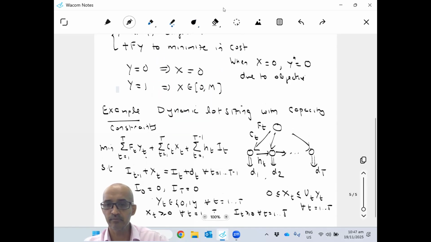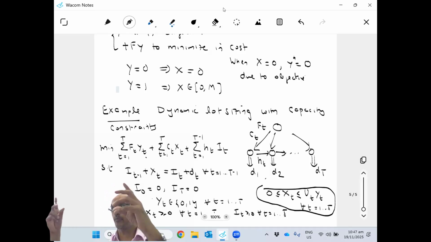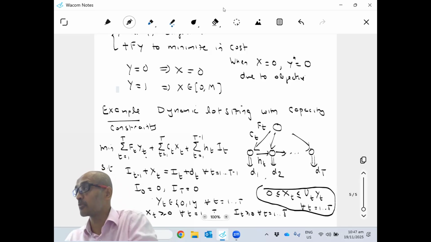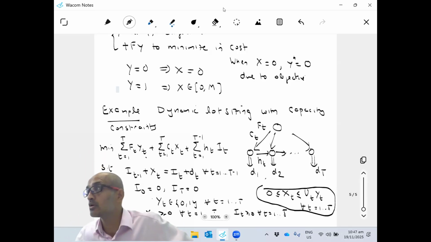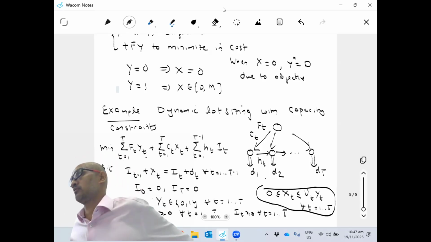When I did lot sizing earlier, I only had the other constraints, and I told you that you can solve a shortest path problem. But if you have capacity constraints, you'll have to solve it as an integer program. So sometimes you might have a problem and you add in some additional features, the problem gets more complicated, and you might have to change your artillery or your tools to deal with it.